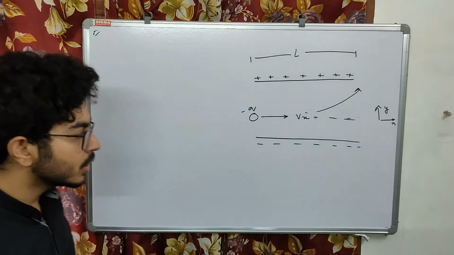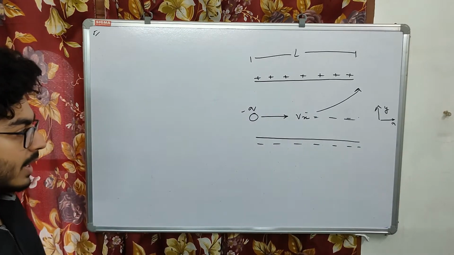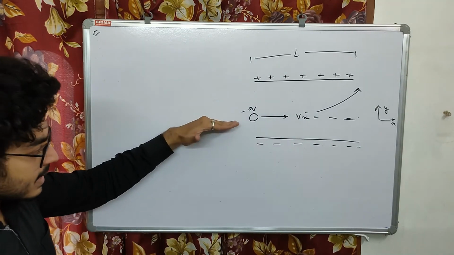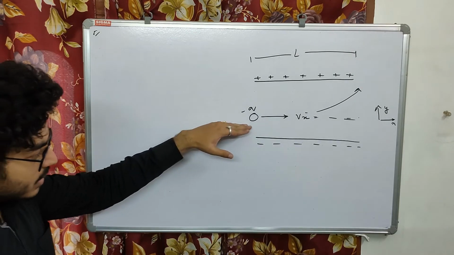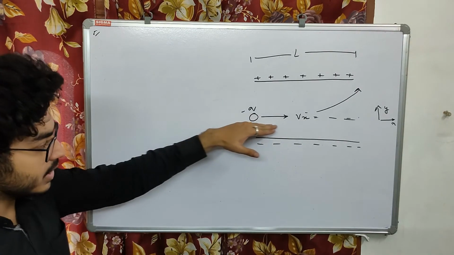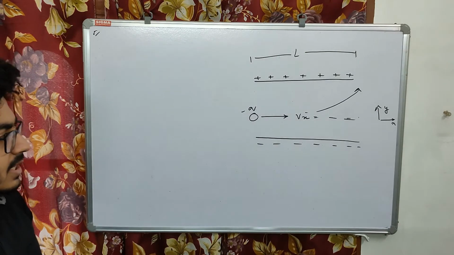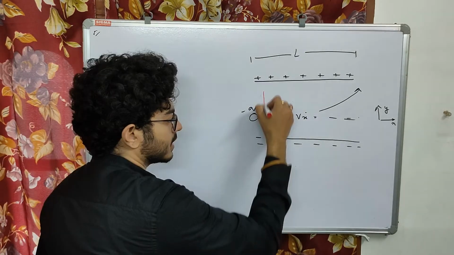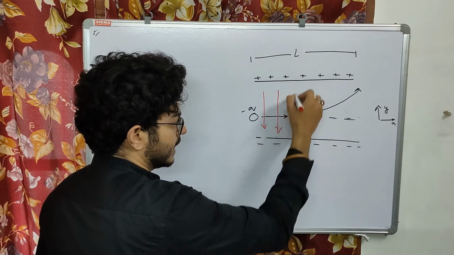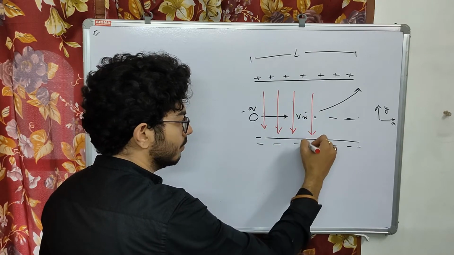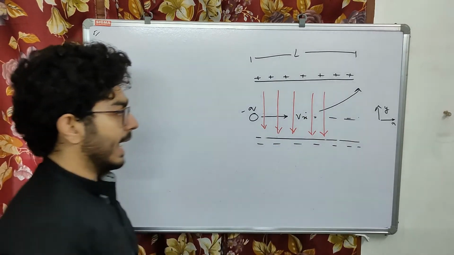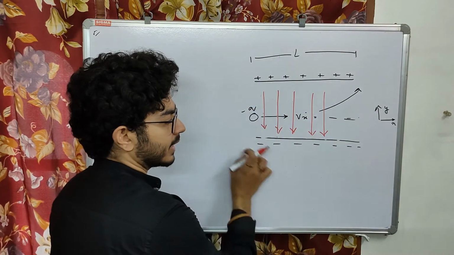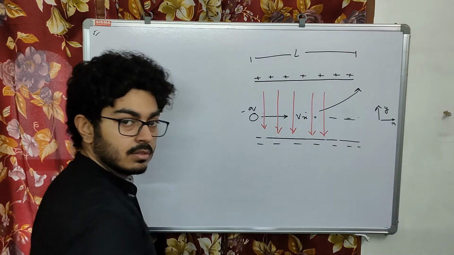Come. So first we are going to understand that when this charge is moving in this region, an electric field exists in this direction. As a result, this electric field is there in overall this plate region, right?